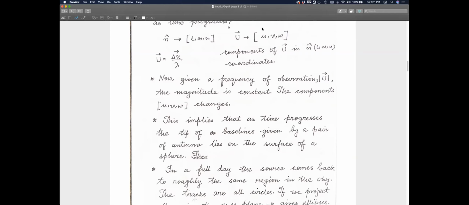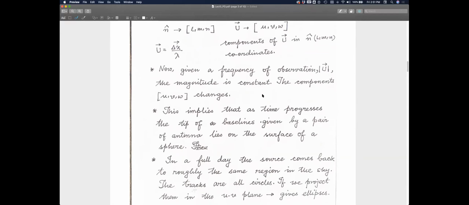Now, if it makes a circle, and if I look at the projection of that circle in the u and v plane, which is what Arnav was showing you from the morning many times, he has shown you many such examples. All of these projections of a circle on an arbitrary plane are always an ellipse. So you'll always see ellipses in the projection.